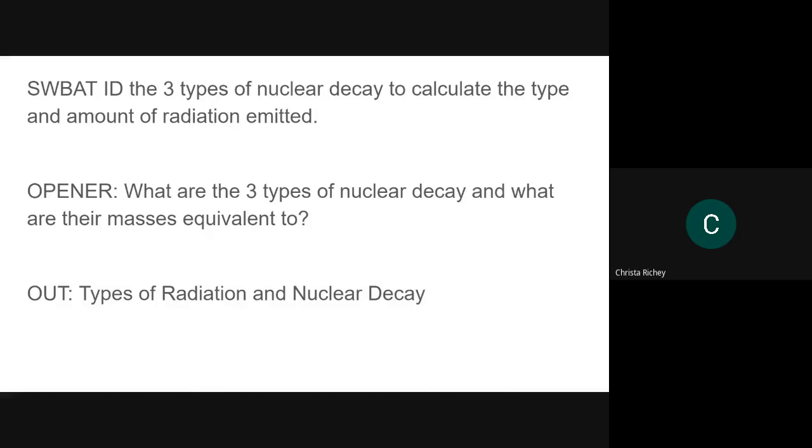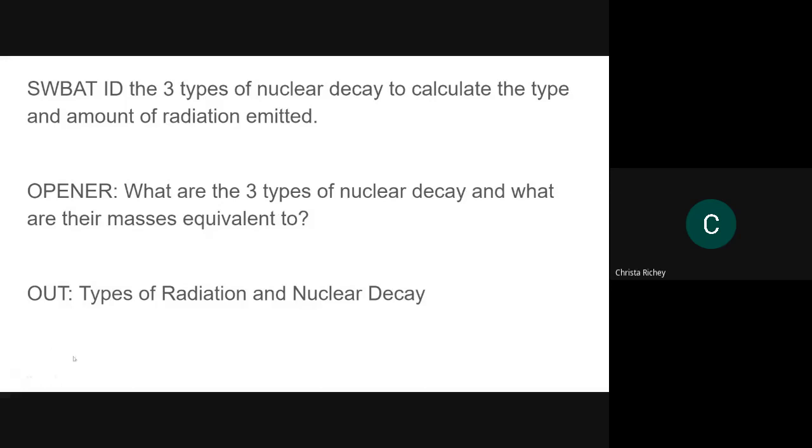What do you protect yourself with from a beta? Paper. No, paper's alpha. Beta is stronger, so it's something between paper and lead. We said wood was in the notes, but I always taught it was aluminum foil. Nope, maybe not. So now all that stuff is messed up.